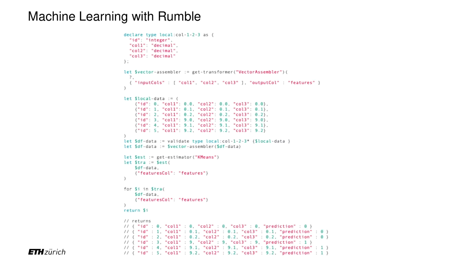And finally, there was a cool master's thesis a few years ago where a brilliant student, Jan, implemented machine learning in RumbleDB. So it means that you can create items that are in fact machine learning models, and you can fit them and then call them on some data, all within JSONiq.